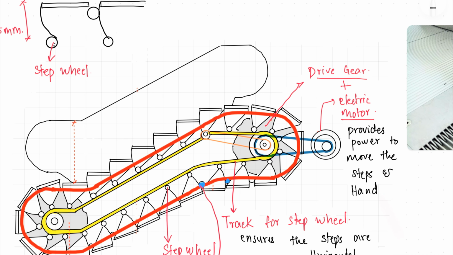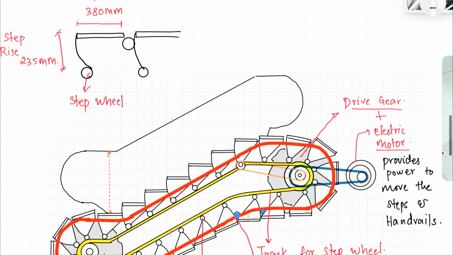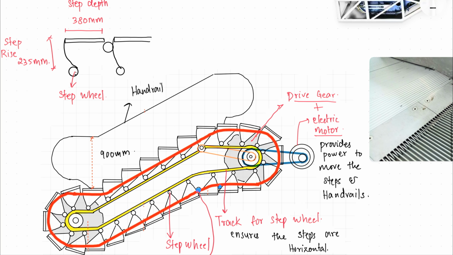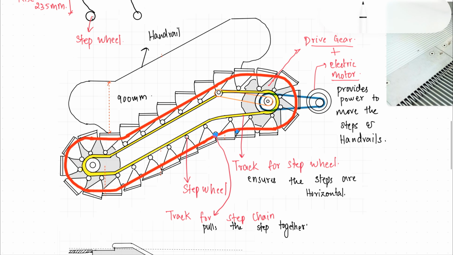Talking about handrails, this is your handrail, and the handrail should be a minimum of 900 mm. Okay, and this is your return wheel.